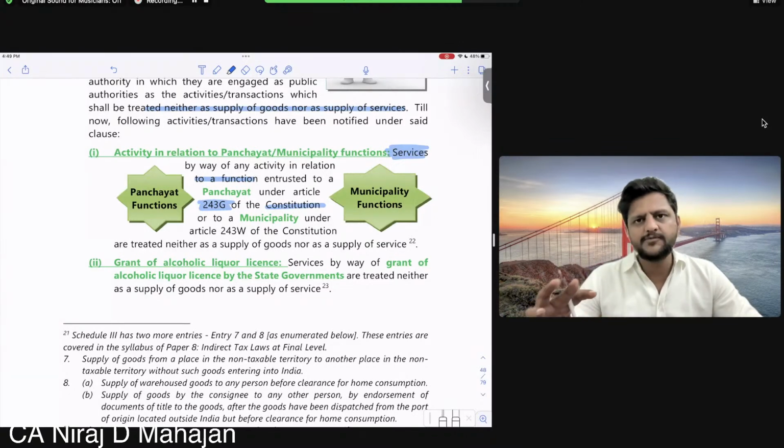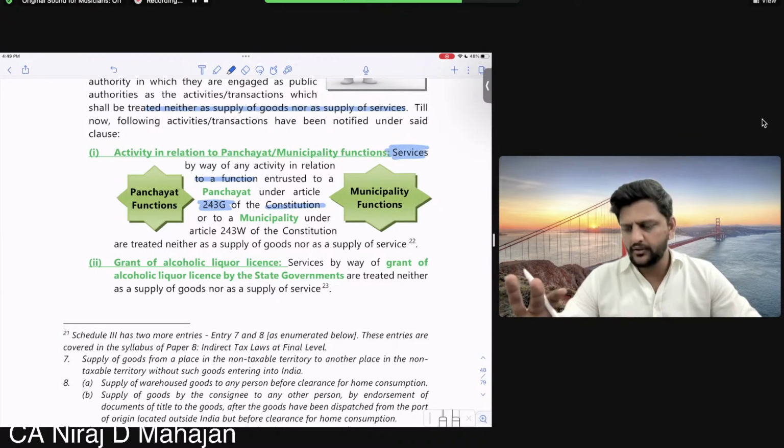That duty is specified clearly. Their power, but not just power, the duties are given in the constitution. So whatever work they are doing as per the constitution, that is not a supply. Okay, everybody? Clear?